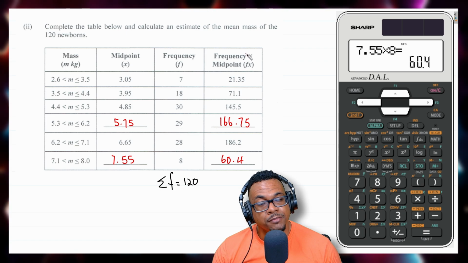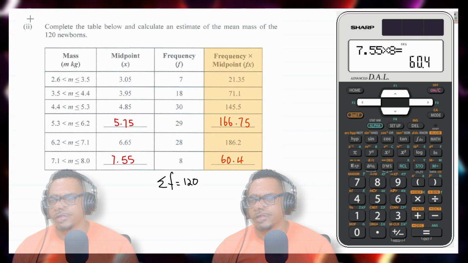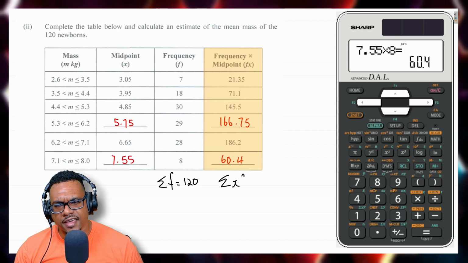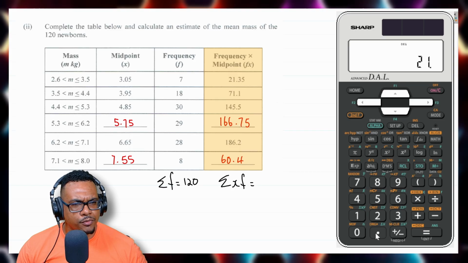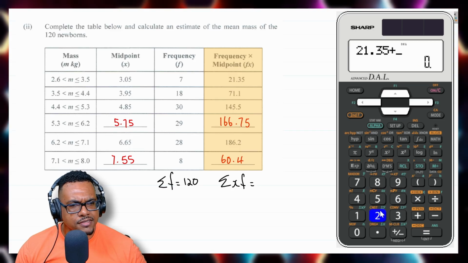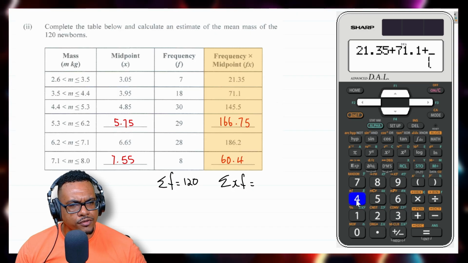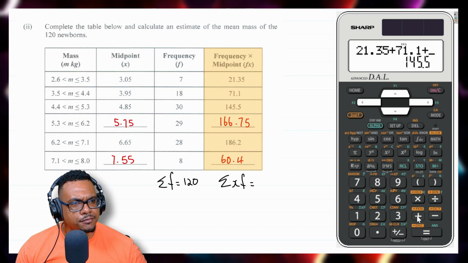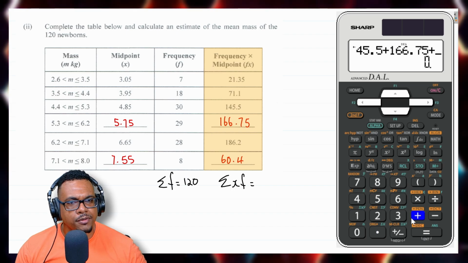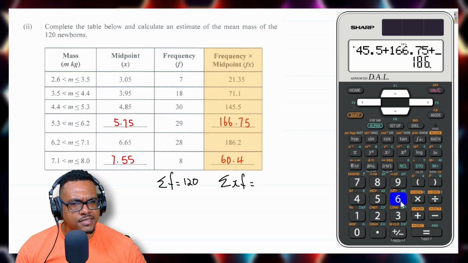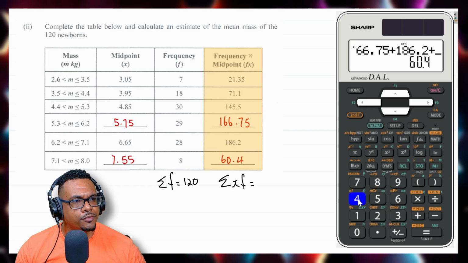So we have filled out the table, but remember we want to calculate the mean mass. So we need to get sigma xf, which means adding up all the numbers in this xf column. So I'm going to have sigma xf is equal to, and I'm going to add up 21.35 plus 71.1 plus 145.5 plus 166.75 plus 186.2 plus 60.4.